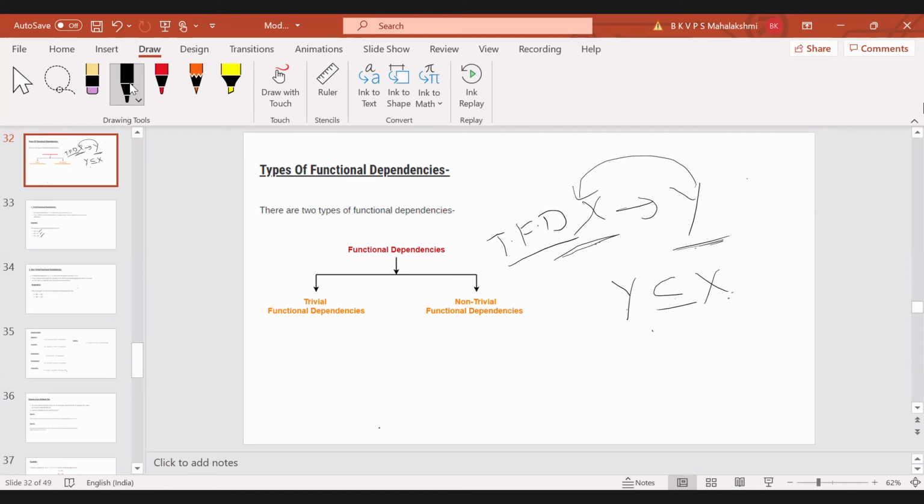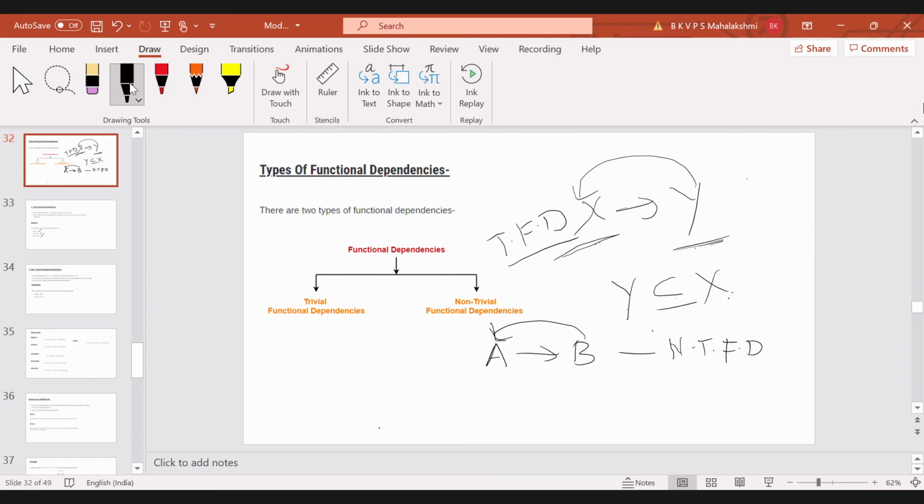Examples. I will write down here some functional dependencies, and I will tell you whether each one is a trivial or non-trivial functional dependency. See here, A tends to B. Directly I can say it is a non-trivial functional dependency because the right hand side attribute is B, which is not a subset of A. It is not a subset of A and it is not equal to A either.